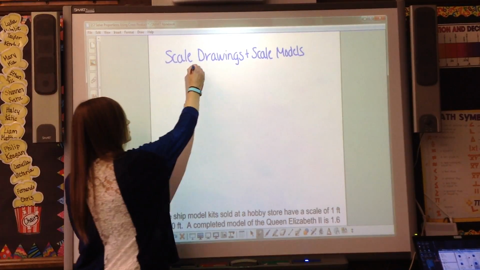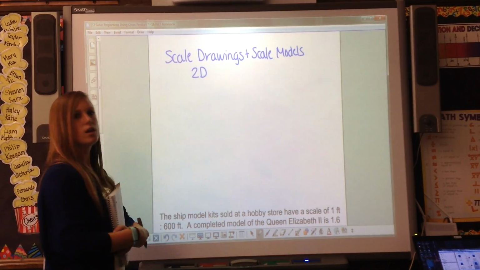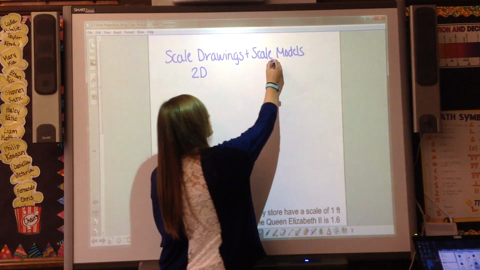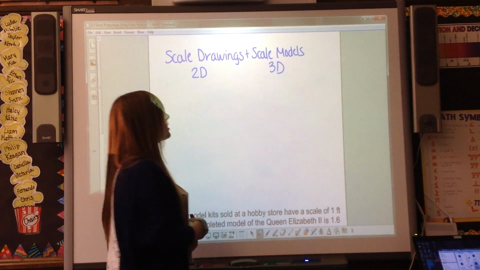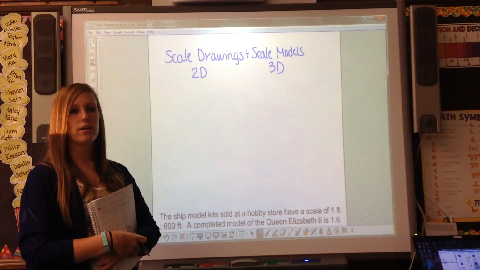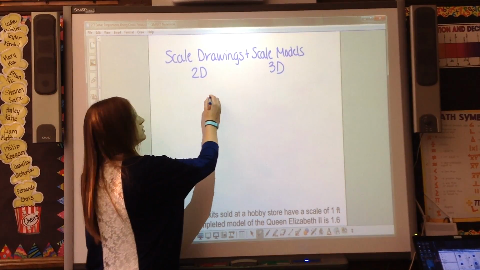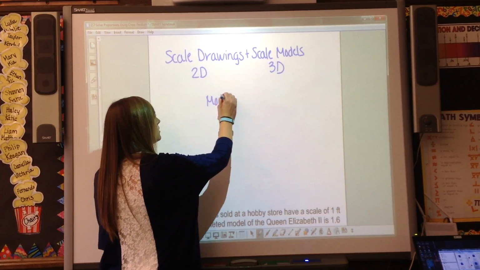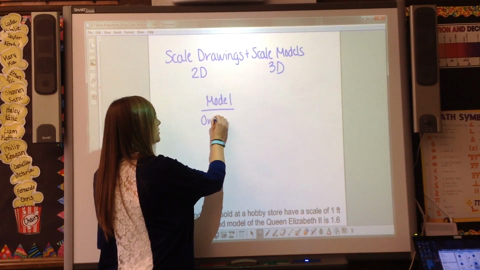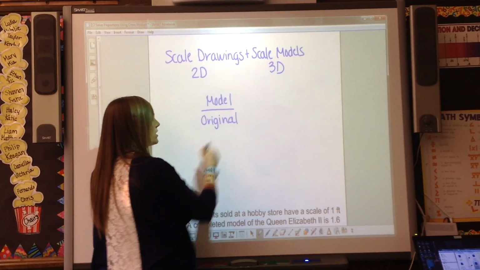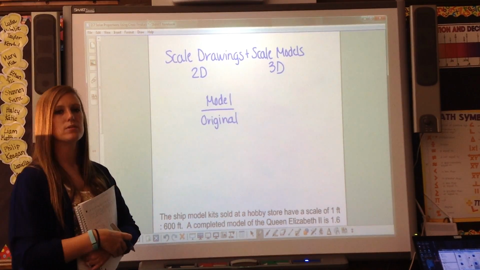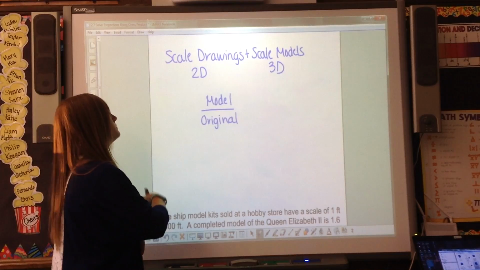So the drawings are the 2D aspect, it's 2-dimensional, and then the models is the 3-dimensional. No matter if you're using scale drawings or scale models, you're going to be using the ratio model over original. That's what you're always thinking. The ratio on each side of the proportion is always going to be model over original.